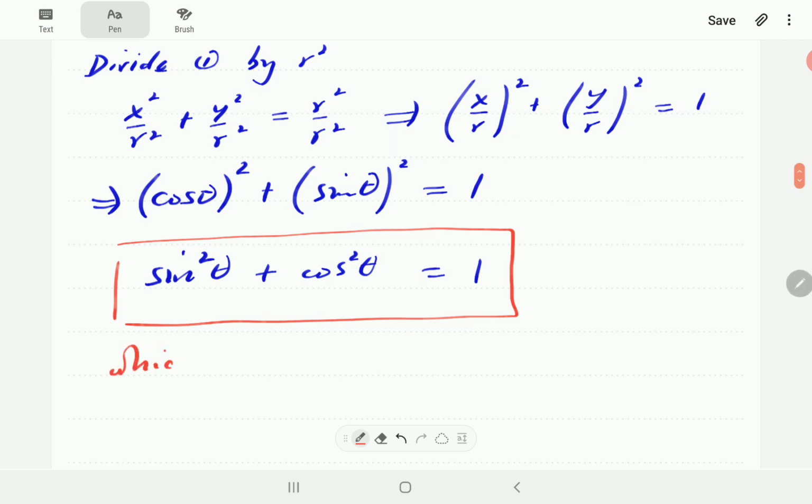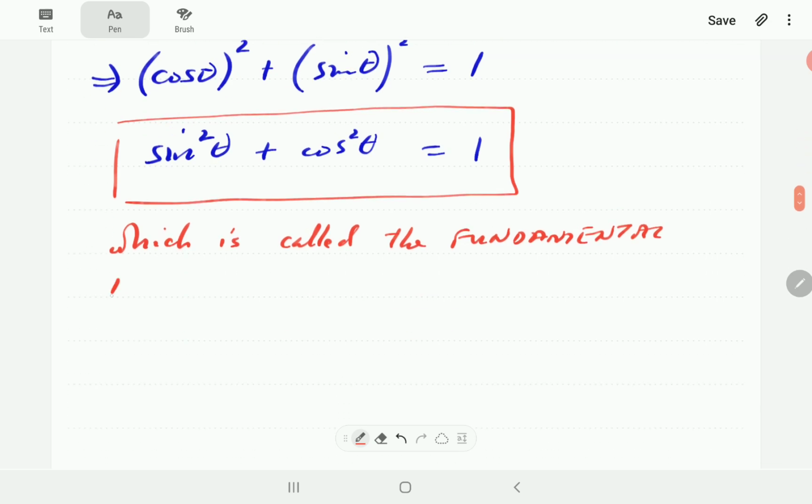So this formula is called the fundamental identity of trigonometry.